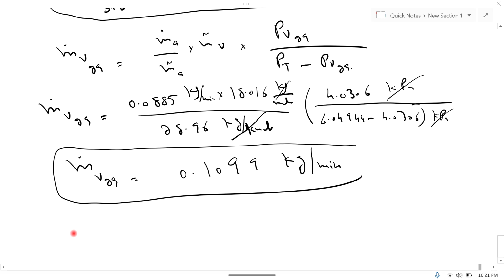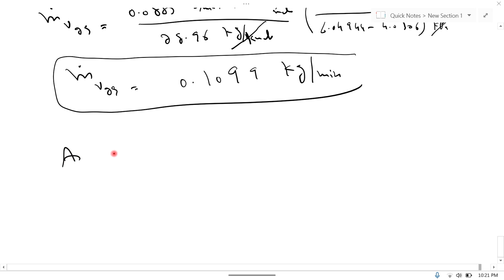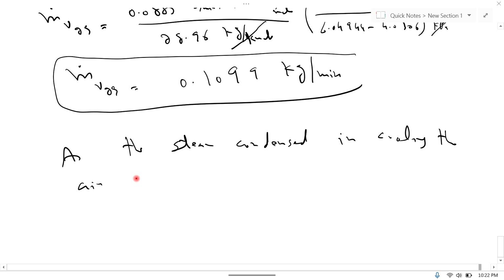So as we know that as the steam condensed and cooling the air, the air is from 34.6 degrees centigrade to 29 degrees centigrade.